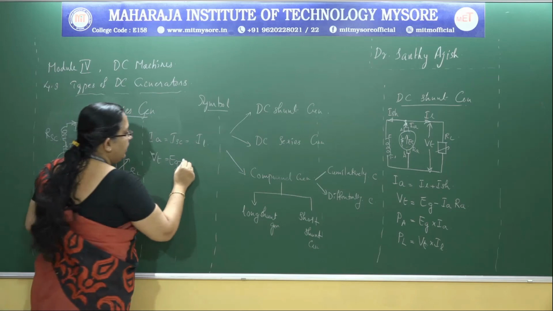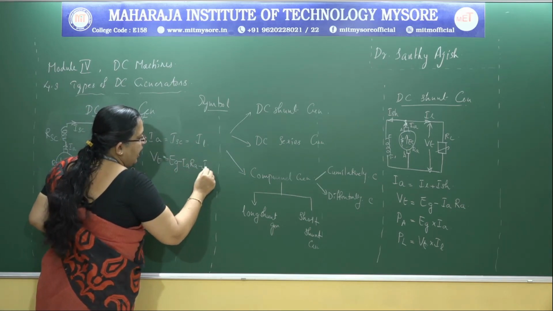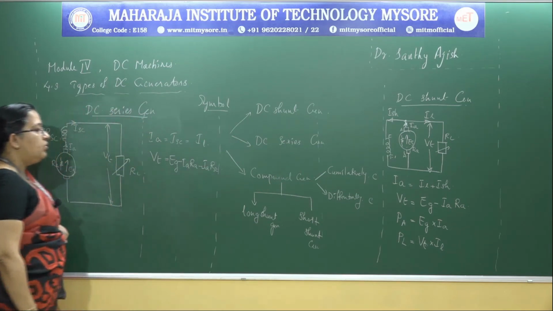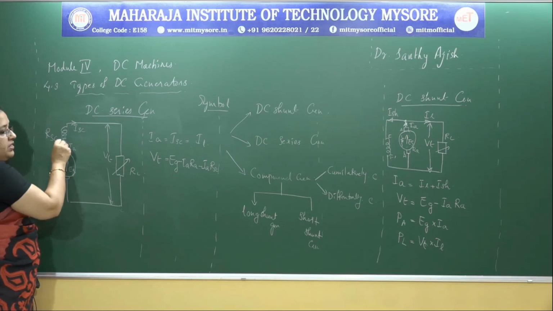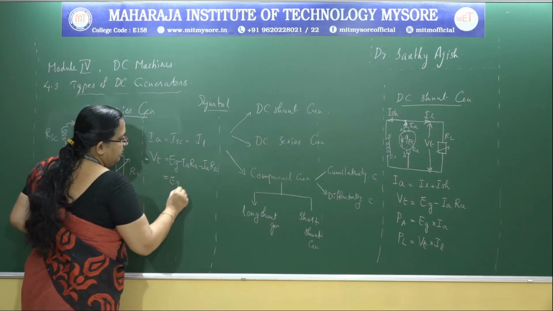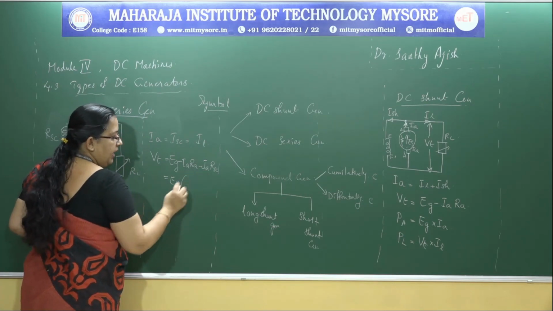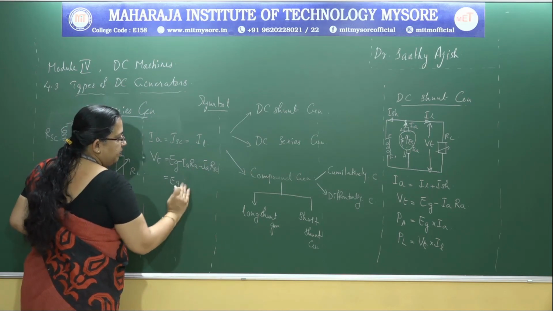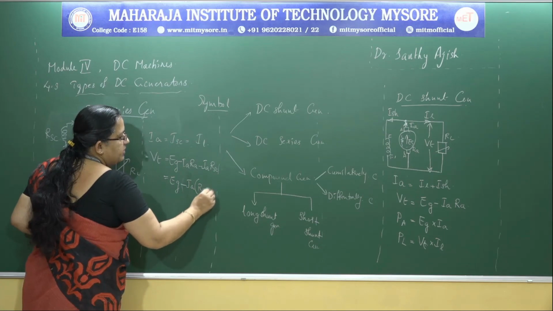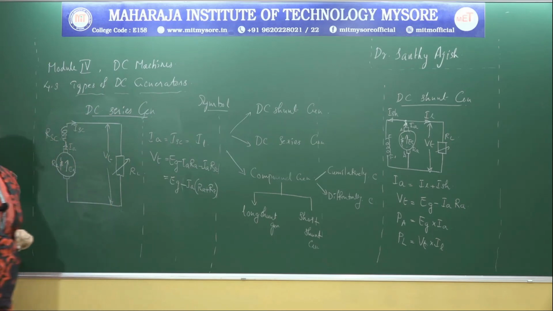So I have to write EG minus IA RA minus IA RSC, which is the drop across the series winding. Or I can rewrite this as EG minus IA, since ISC is same as IA, into RA plus RSC. So that is the VT.